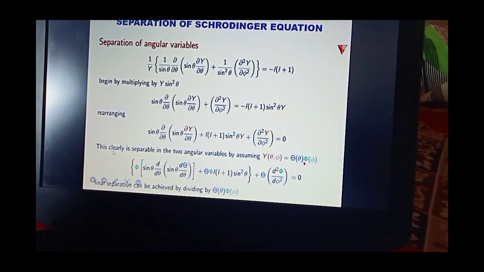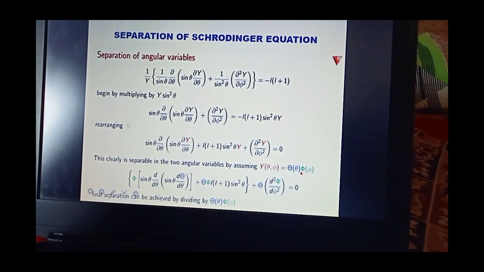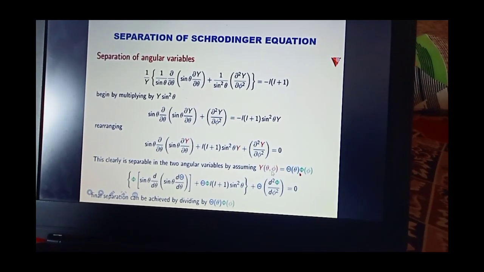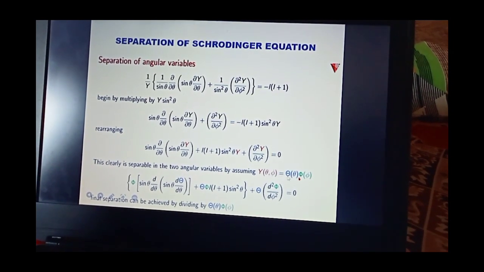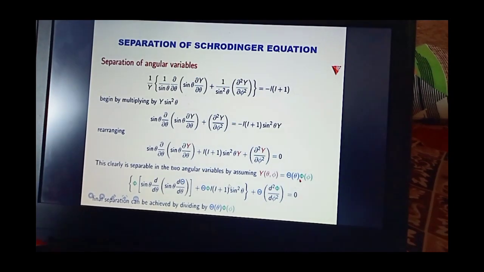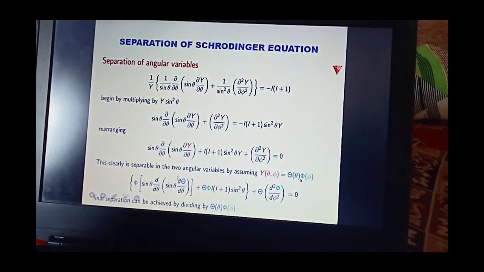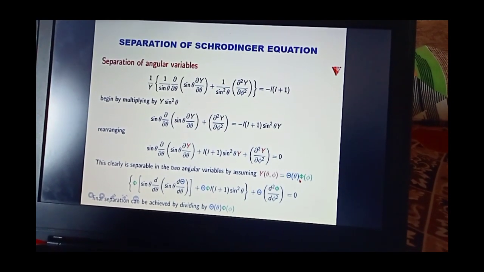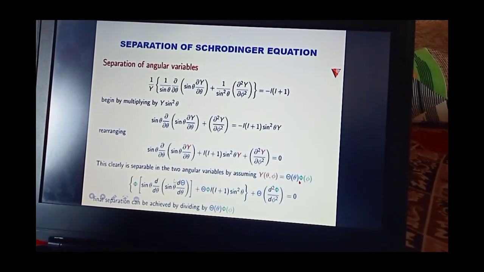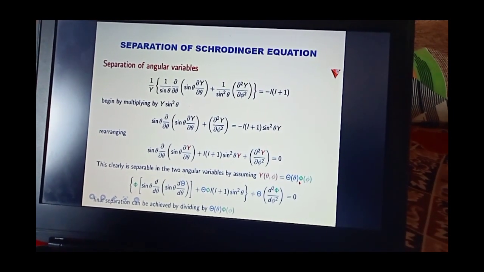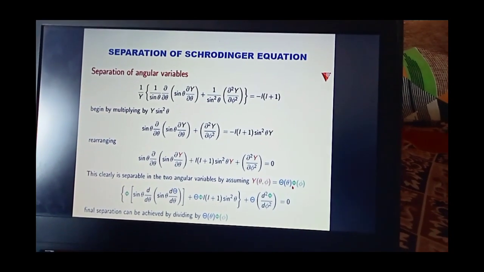This is clearly separable into two angular variables by assuming Y(θ, φ) = Θ(θ)Φ(φ), which is already discussed: theta is the polar angle and phi is the azimuthal angle.